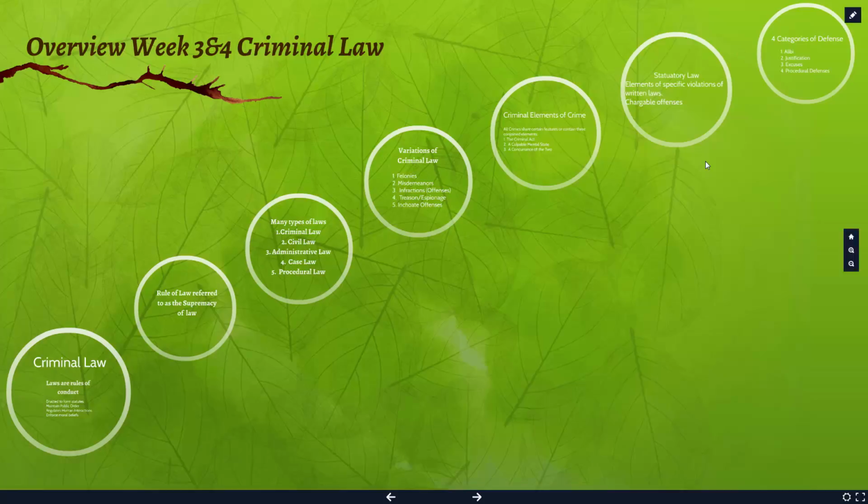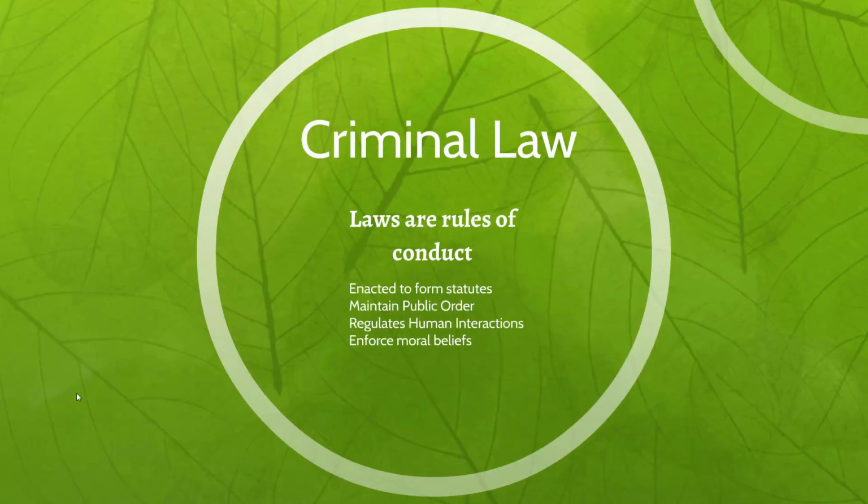And just a quick overview of criminal law as it appears in the text. We want to start off by saying laws are rules of conduct usually found enacted in the form of statutes that regulate relationships between people and also between parties. One of the primary functions of the law is to maintain public order.